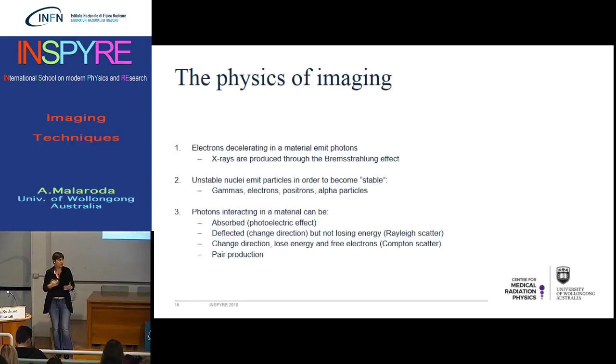And that mechanism needs to be different for different materials. So the photons can be absorbed, and that is the photoelectric effect that's been explained by Einstein. They can be deflected, so change direction, by not losing energy. It's Rayleigh scatter. They can change direction and lose energy. Compton scatter. They can produce pairs.